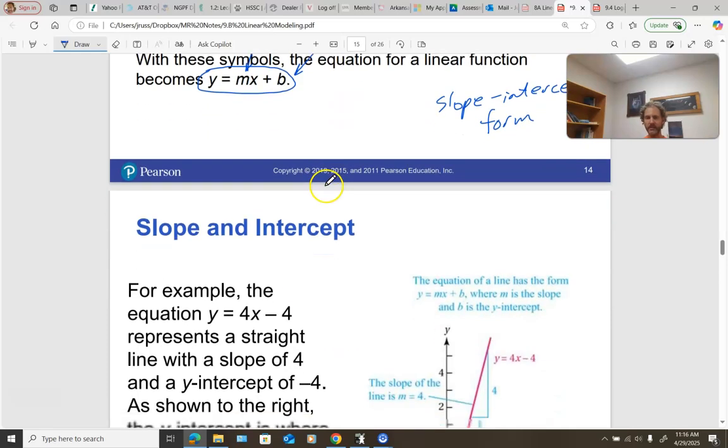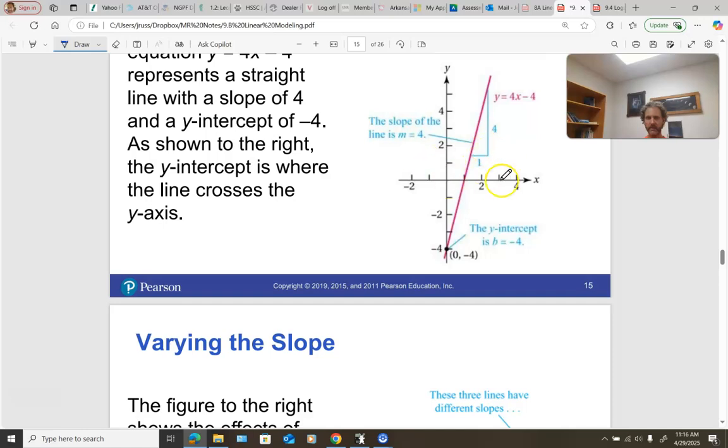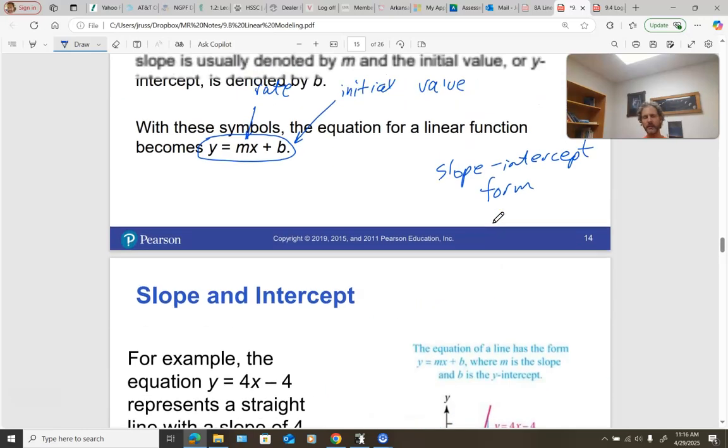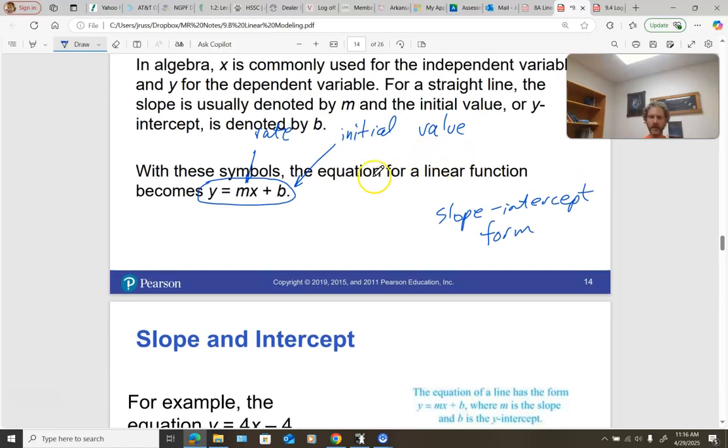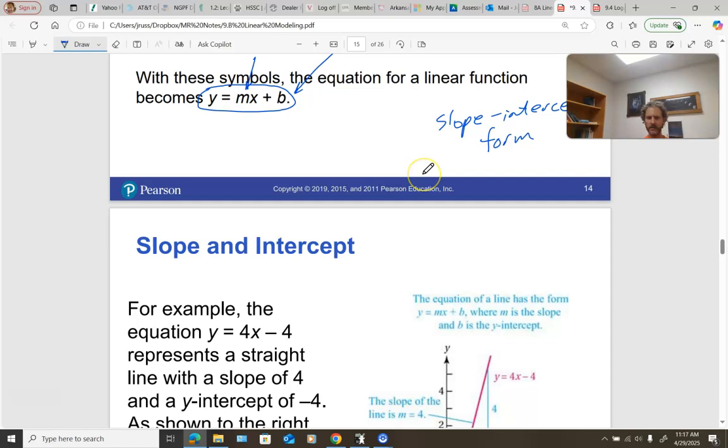They're going to be lines on a Cartesian coordinate system like this, but where are those lines going to be, and how can we figure that out? Well, I refer to the form of this equation as the slope-intercept form, because the slope, which is the same as the rate, is given to you, and the y-intercept is given to you as well, or the initial value. Okay, so let's look at an example here.